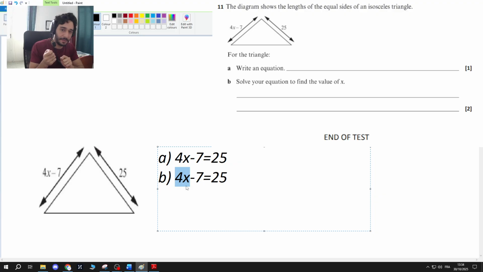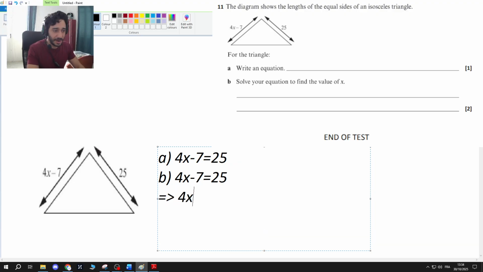Before I take care of the immediate problem, let's trim around the bushes first. And what's around the bushes is this negative 7. So what's going to happen is 4x minus 7, and to get rid of that negative 7, I'm going to have to add a positive 7. But since I added a positive 7 on the left side, I will also have to add a positive 7 on the right side. Otherwise, my equation will no longer be balanced.